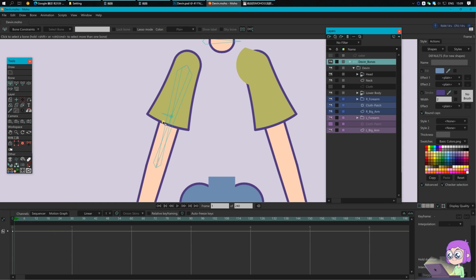Next, set the bone of the sleeve. The bone of the sleeve is similar to the arm.